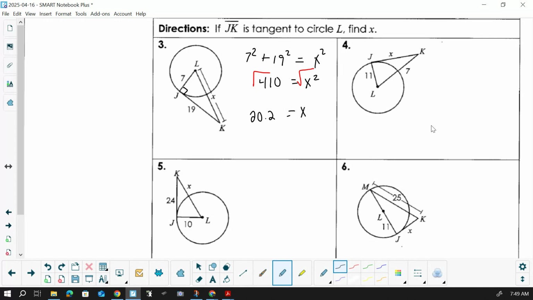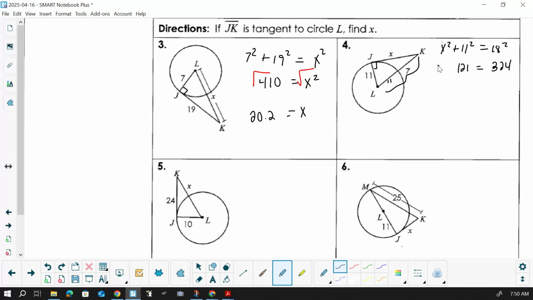Okay. Let's try this next one here. 11. Same thing we had just a minute ago. That's 11. So this whole side here, 11 plus 7 is 18. So we're going to do x squared plus 11 squared, right? Because that's where the right angle is going to be, equals 18 squared. 11 squared is 121. 18 squared is 324.